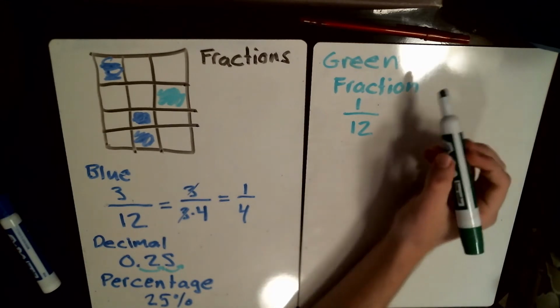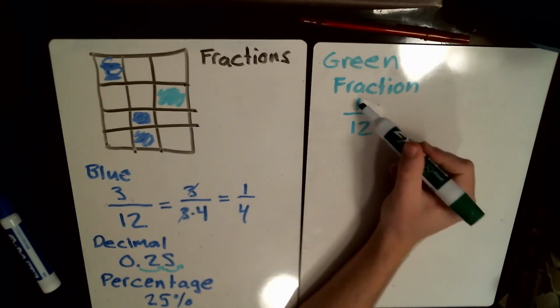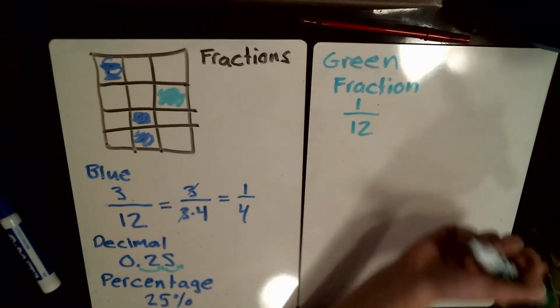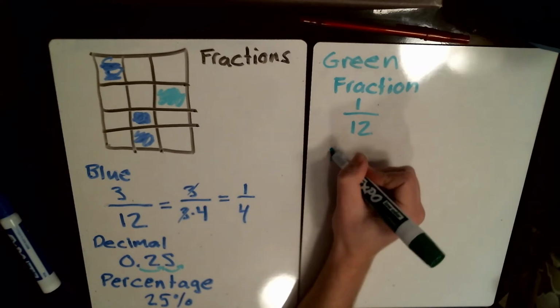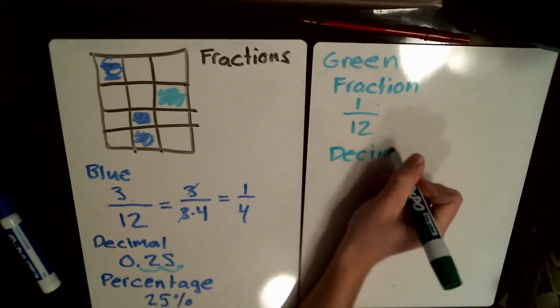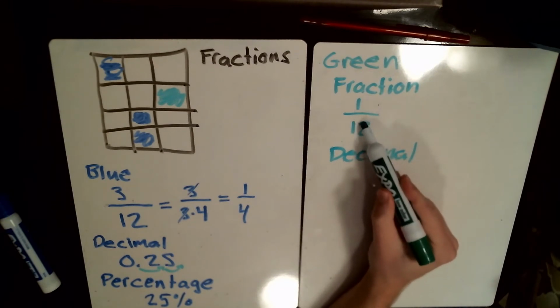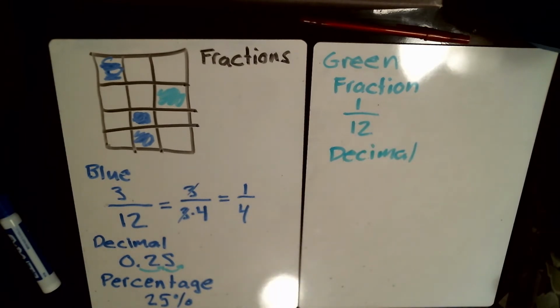Now notice that doesn't simplify at all because 1 and 12 don't share any common factors. So we can leave it like that. The decimal we get by plugging in 1 divided by 12 in the calculator.